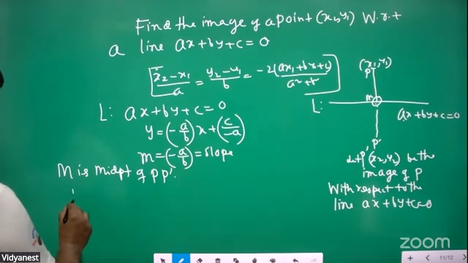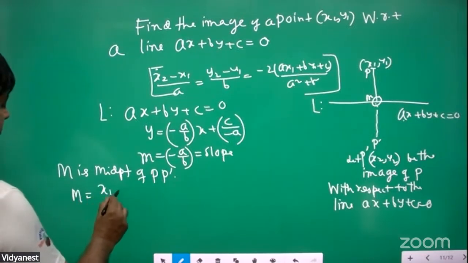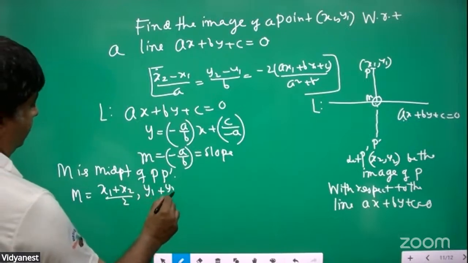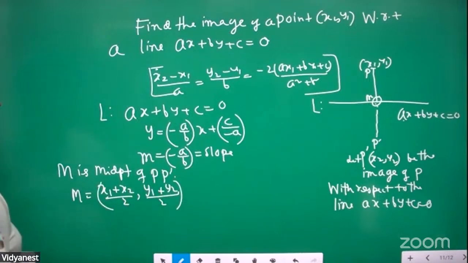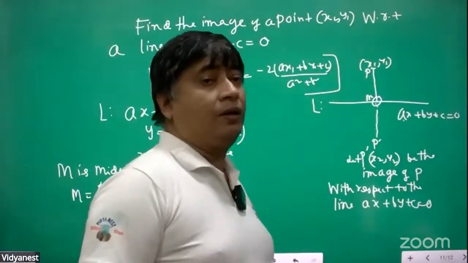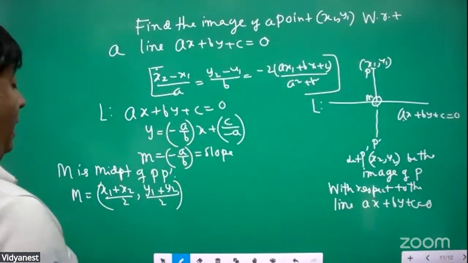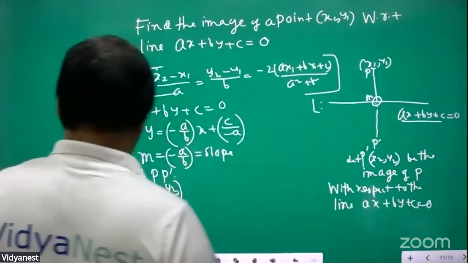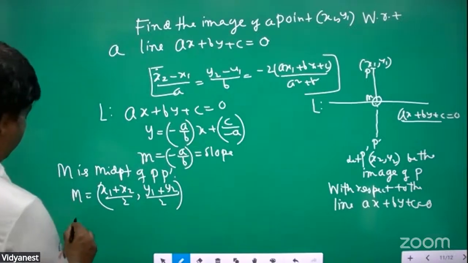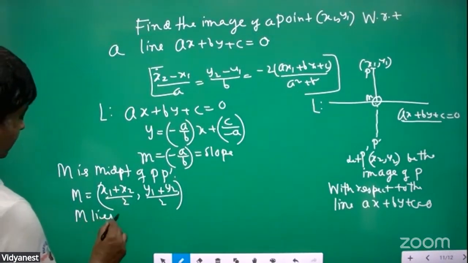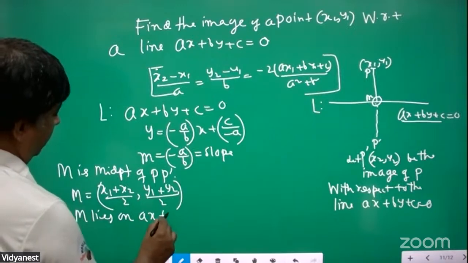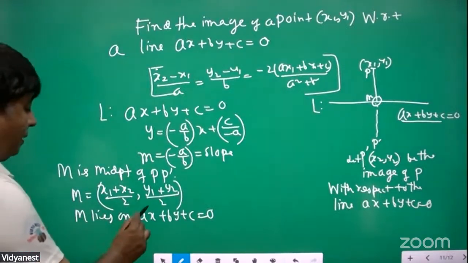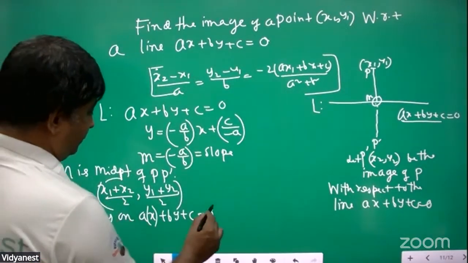So, what is M? That is M. Now, where does M lie? M will lie on this line, ax plus by plus c is equal to 0. So in place of x and y, I will put the components.